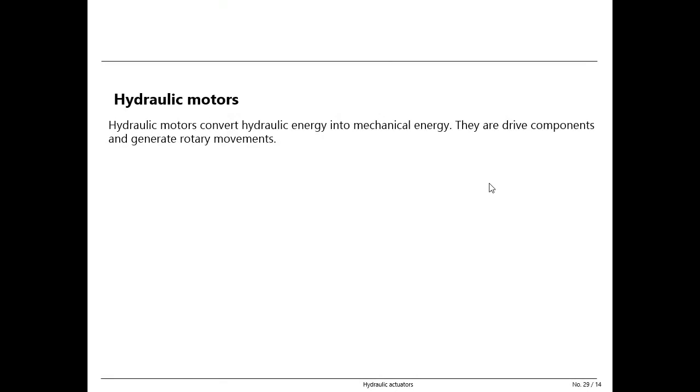So, based on the need or application, we have to select a linear actuator, a rotary actuator, or a semi-rotary actuator, and then we have to consider, of course, the forces, speeds, and all these properties we need for the application.